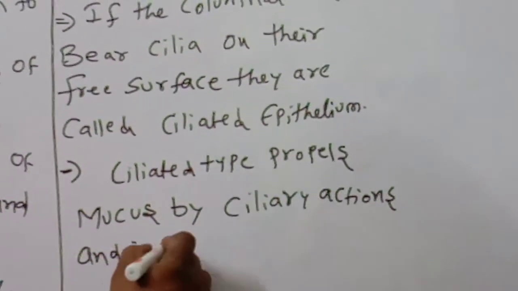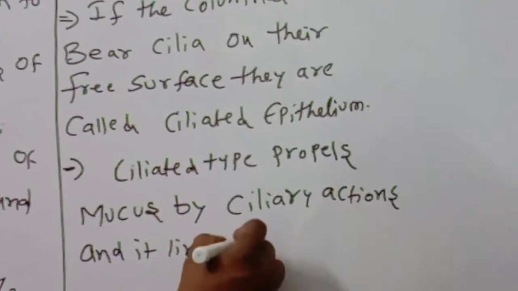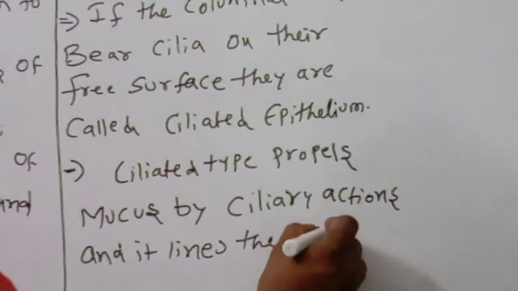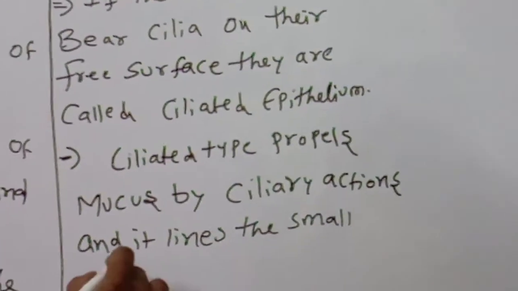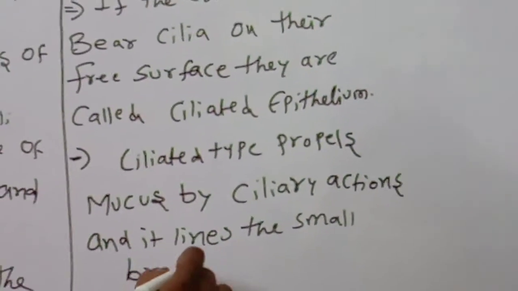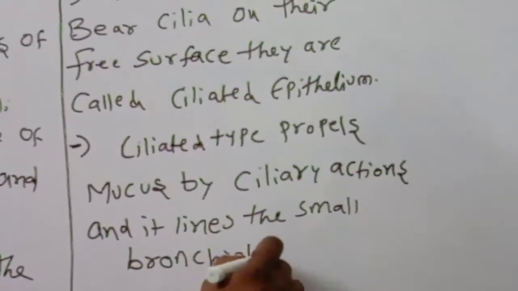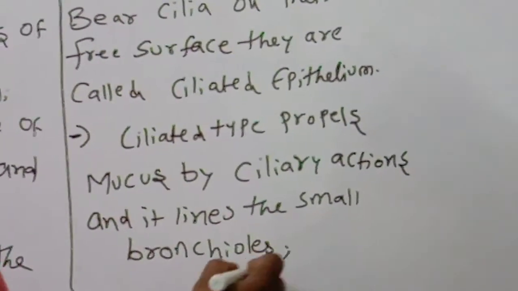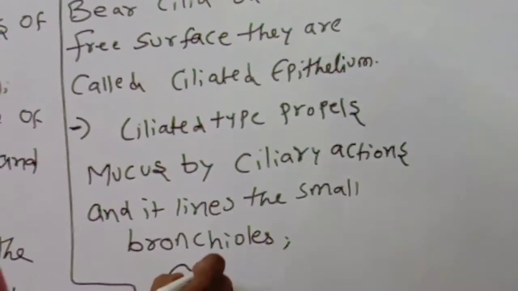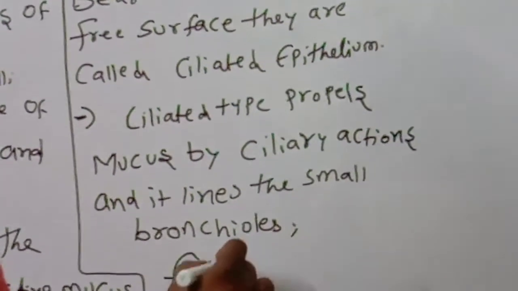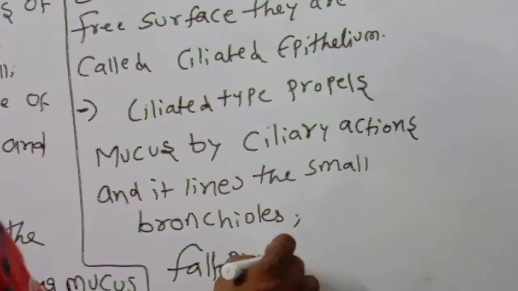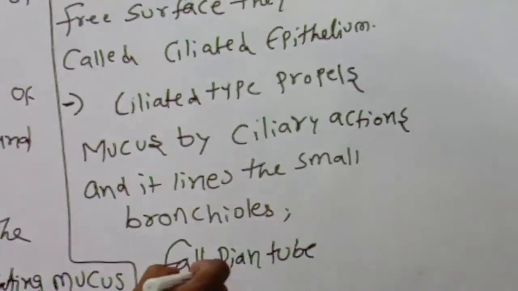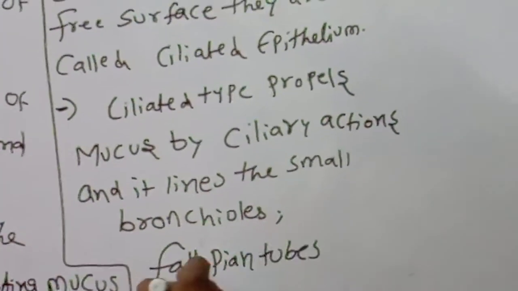It lines the small bronchioles, the fallopian tubes, and the uterus.